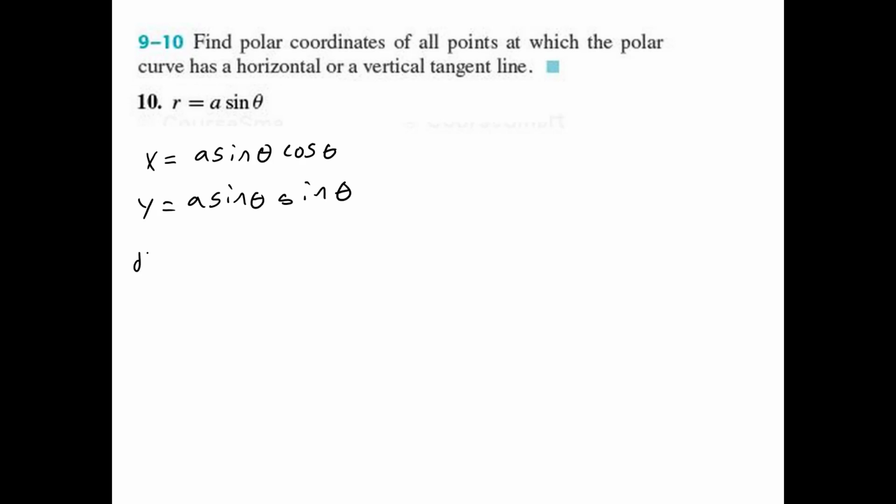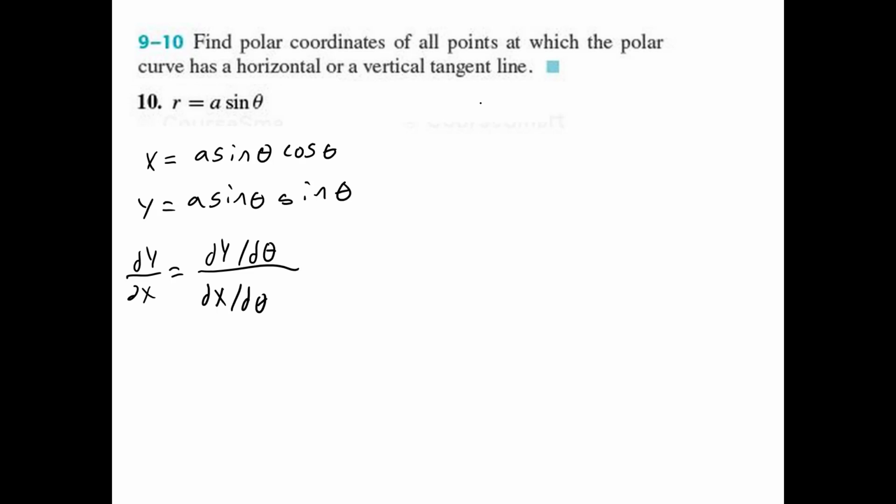And then dy/dx is equal to dy/d theta divided by dx/d theta. And so horizontal is going to be where dy/d theta is 0 and dx/d theta is not. Vertical is going to be where dx/d theta is 0 and dy/d theta is not.